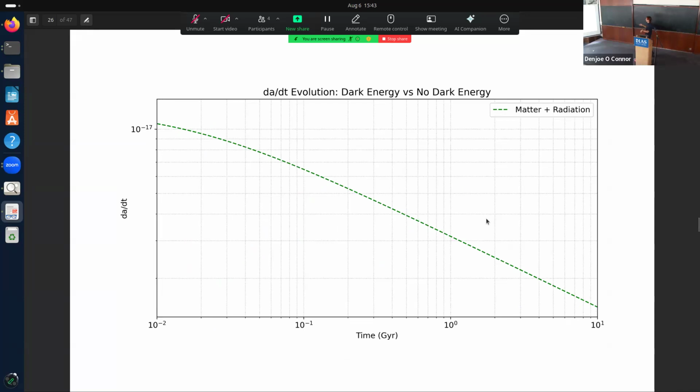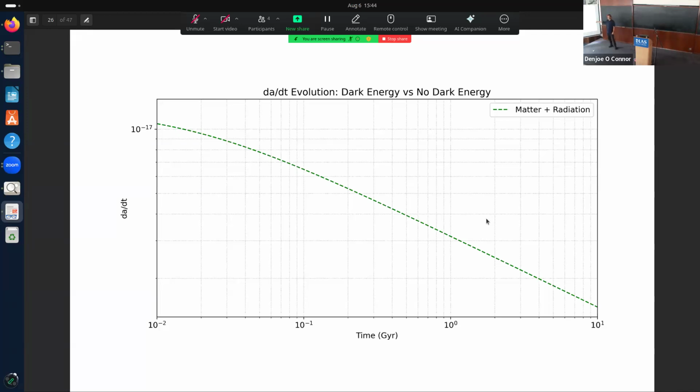Okay, so here we have the derivative of the scale factor on the y-axis and time on the x-axis. Can someone tell me what's wrong with this? Jasmine and Venus are not allowed to answer. No answers? Anybody really want to give it a go? No? Okay, I'll tell you the answer.